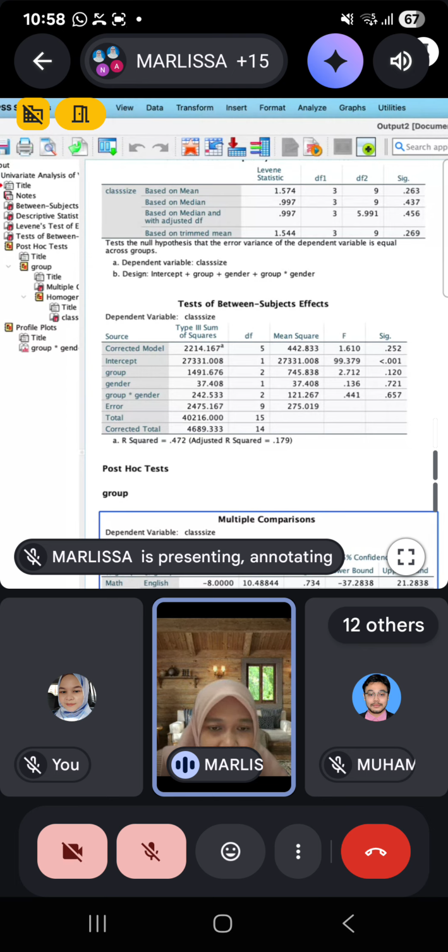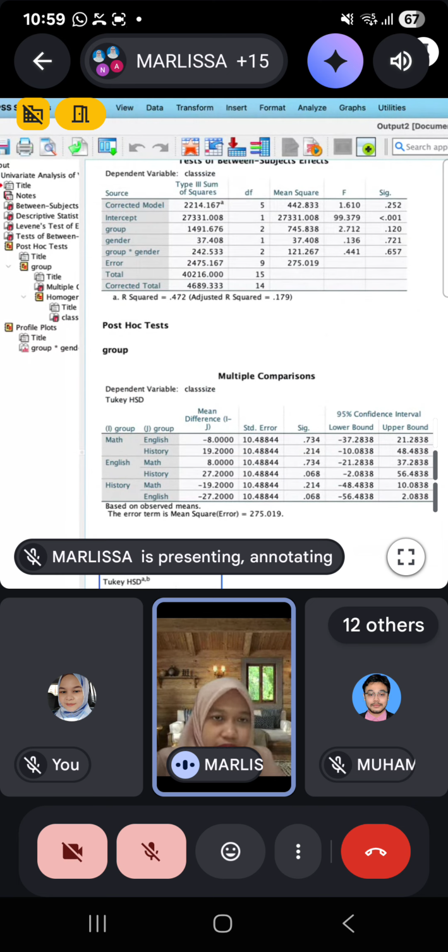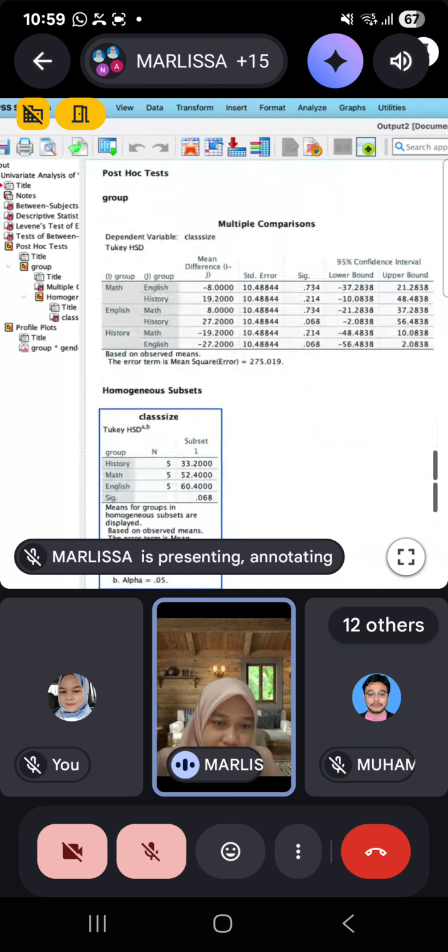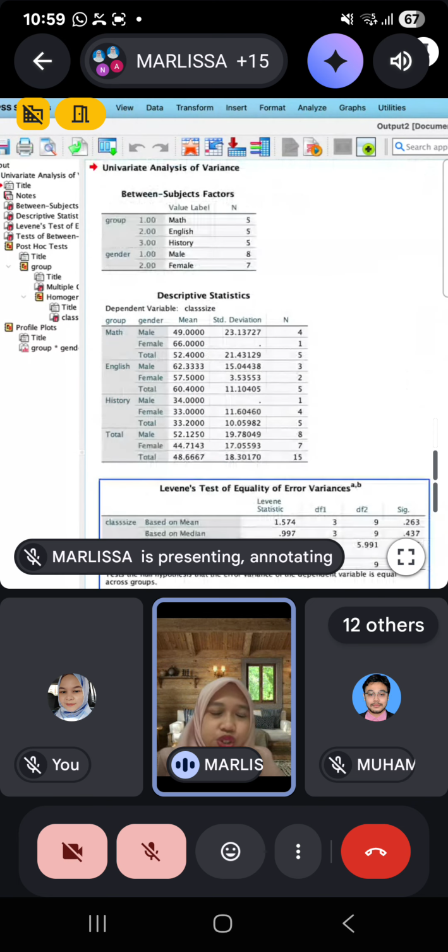So the interactions between the groups are actually not significant. So what we can conclude here is that there is no significant difference between groups in this analysis, because every analysis is showing that the significance value is more than 0.05.